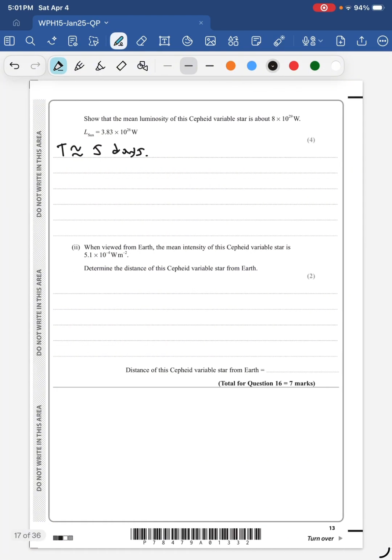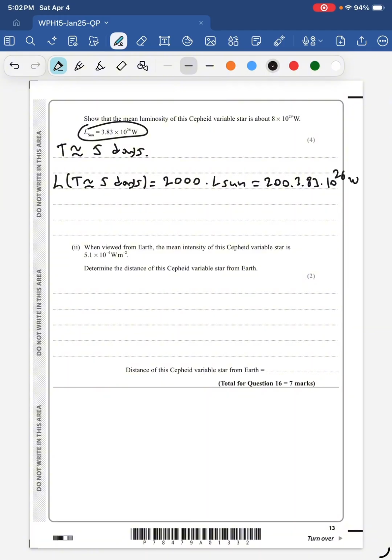So the luminosity when the period is 5 days is equal to 2000 times the luminosity of the sun, which is 2000 times 3.83 times 10 to the 26 watts, and the calculation yields 7.66 times 10 to the 29 watts, which is about 8 times 10 to the 29 watts.